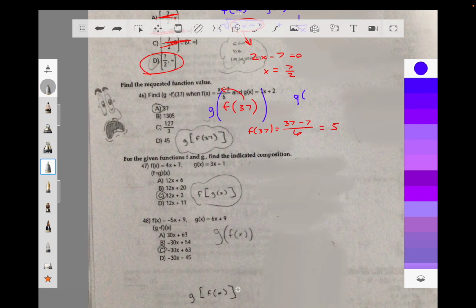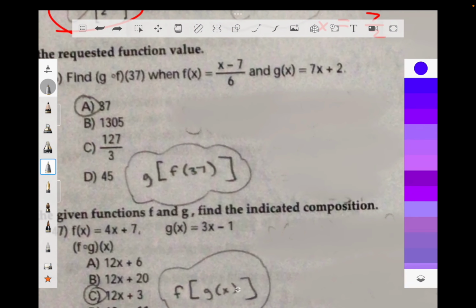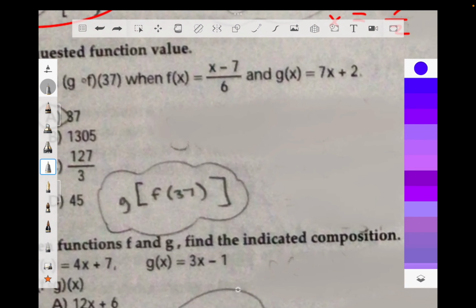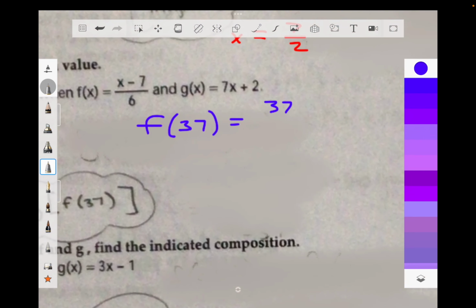Let me clean this up real quick so I can write it a little better. How I would personally write it is right here, with that bracket. So I guess our f of 37 equals 37 minus 7 over 6, which is 5.